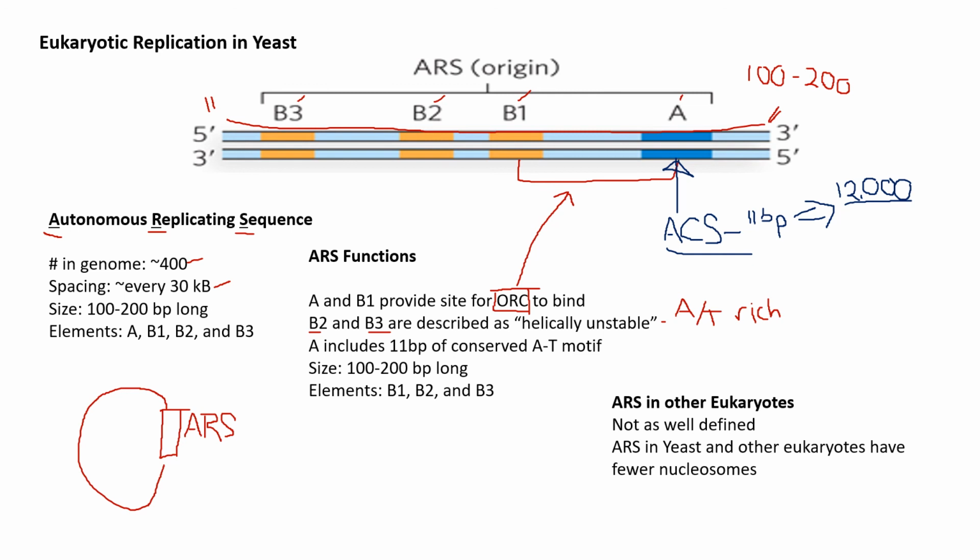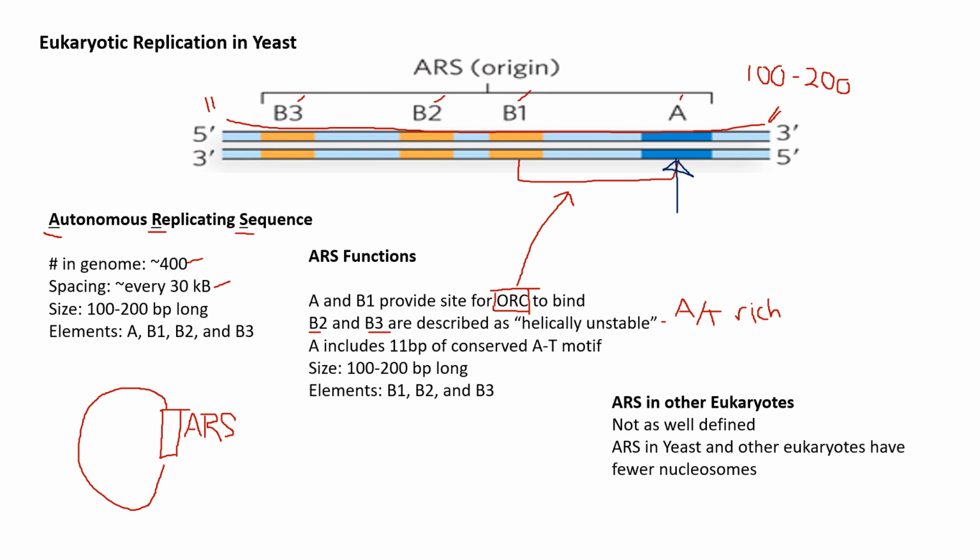So when we talk about ARSes in other eukaryotes, yeast is nice because it's small and it's relatively simple. But ARS elements in other eukaryotes are larger. They're not as well defined. So an ARS element in yeast is this 100 to 200 base pair long region.